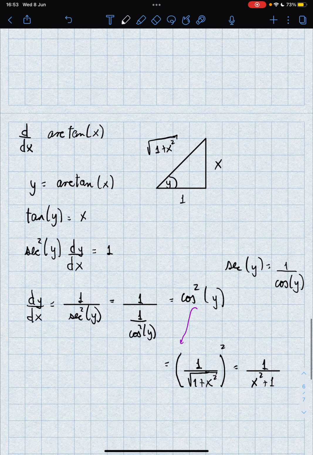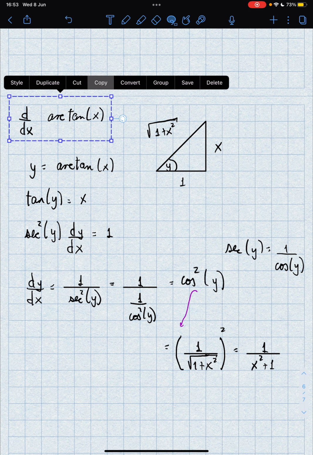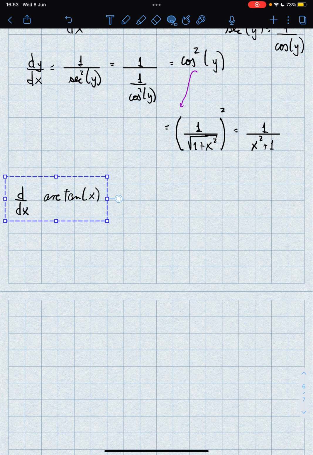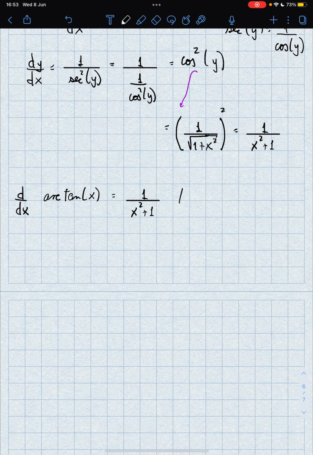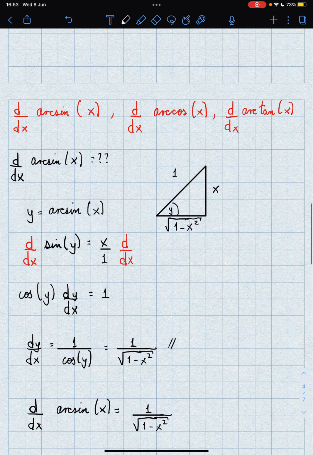So this expression is equal to the expression that we have over here. And this is how you solve all three derivatives: arcsine, arccosine, and arctangent. Thank you very much, guys.